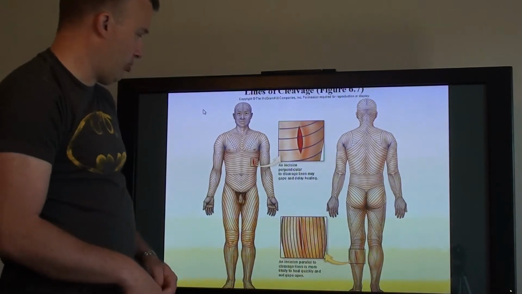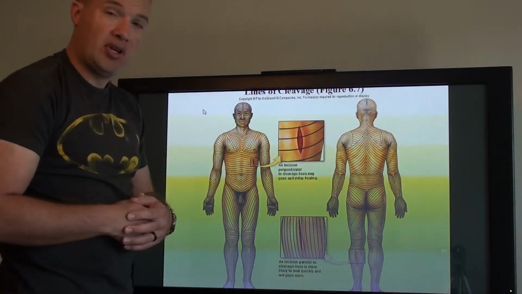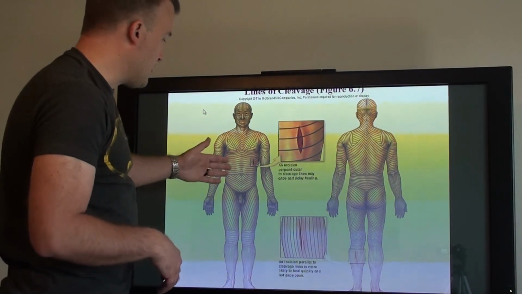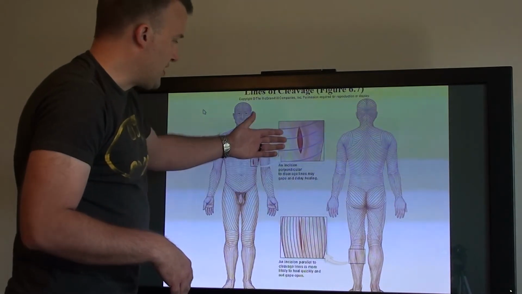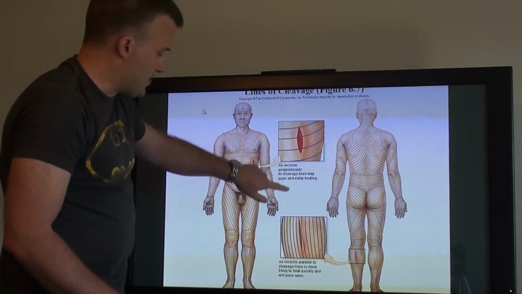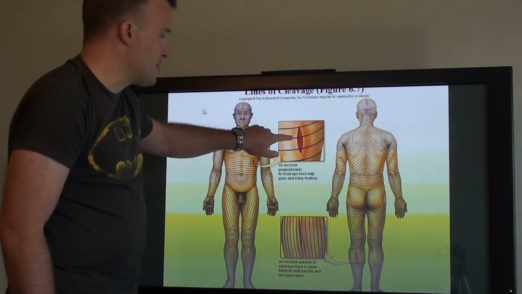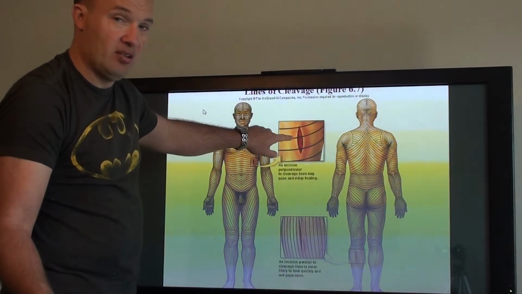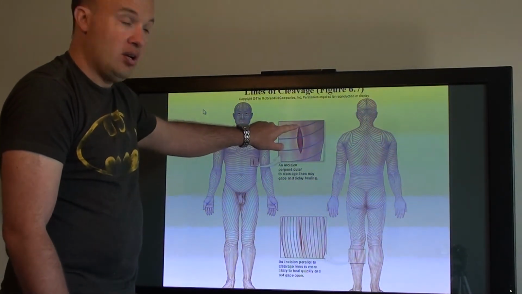And here's probably the best way to show it. Here's a figure in your textbook that's showing the lines of cleavage in the human body. And as you can see, they're oriented differently depending upon the region. Here's an incision that's perpendicular, and here's an incision that's parallel to a line of cleavage. Notice that this incision that's perpendicular, that's going against the lines of cleavage, is gaping more.